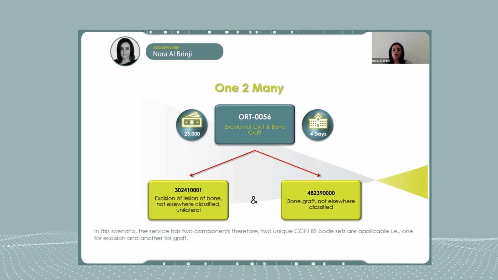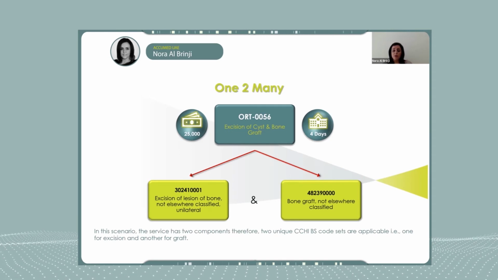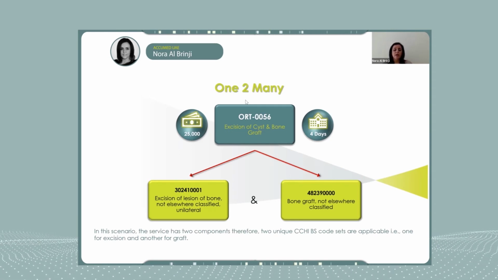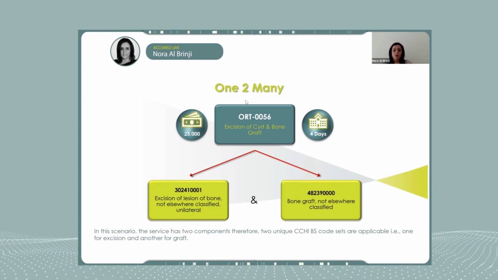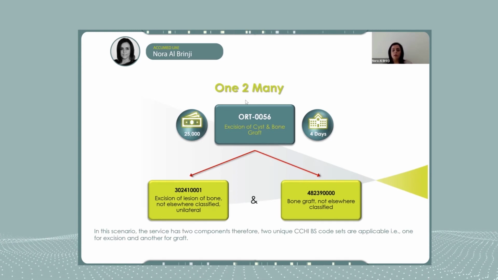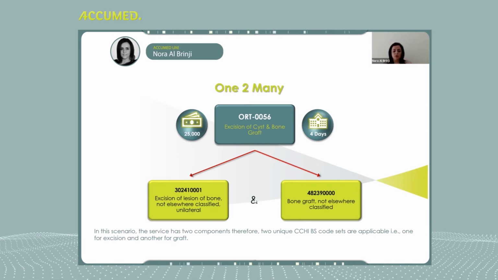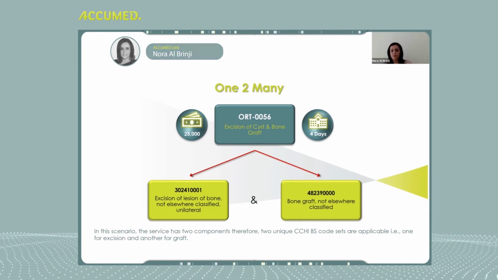It depends on my cost as a provider and on the complexity of the procedure. So therefore we map one code and we break it down into different codes based on this.